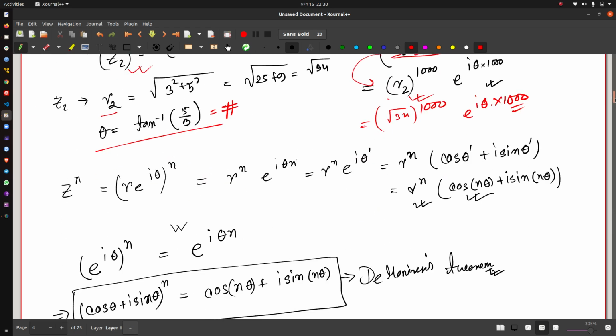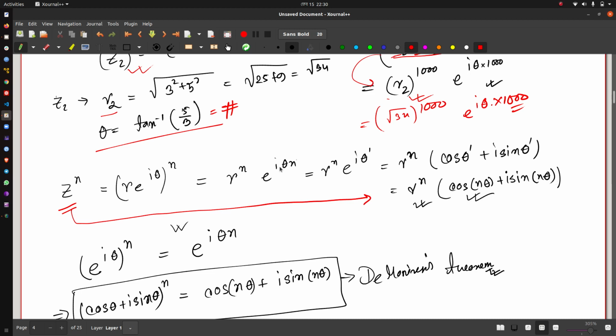And from these experiences we can derive another powerful theorem, and that is called the de Moivre's theorem. If you check, z to the power n is actually r e to the power I theta, to the power n, and then you distribute the power among r and e to the power I theta. From there you can see that z to the power n would actually be r to the power n times cosine n theta plus I sine n theta.